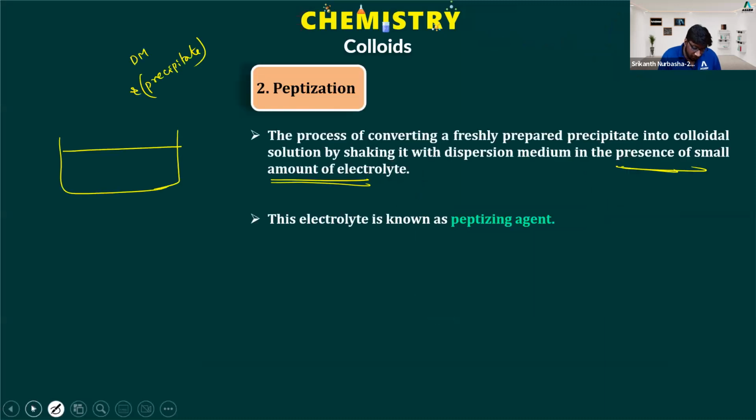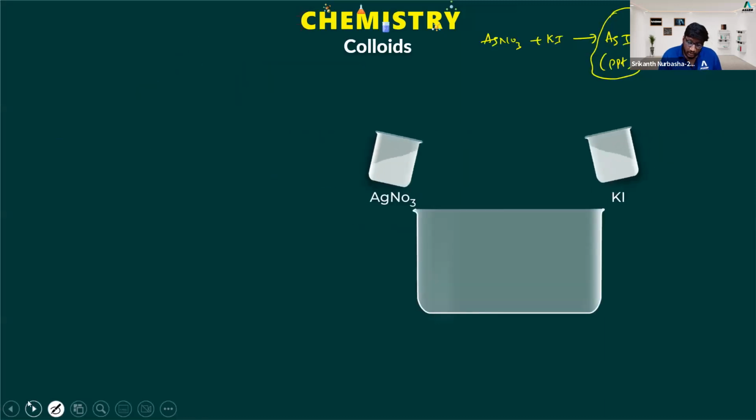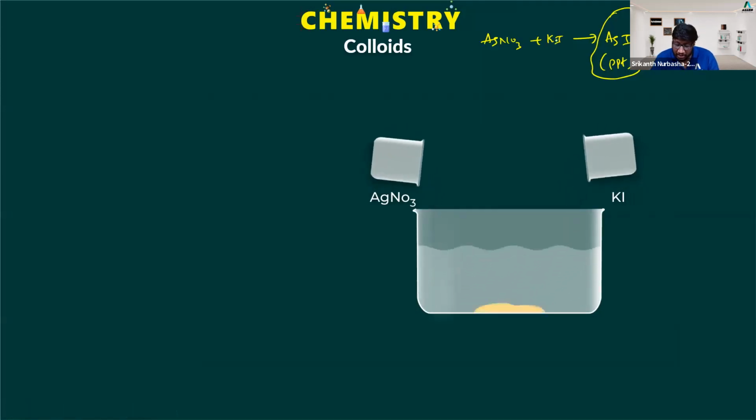Understand this sequence again. Look at the animation. AgNO3 and KI you are adding, you will form AgI, which was a precipitate. Now we have added an electrolyte. That electrolyte is going to develop charge on these precipitate molecules. As it develops charge, it will break down the precipitate into smaller colloidal size particles.